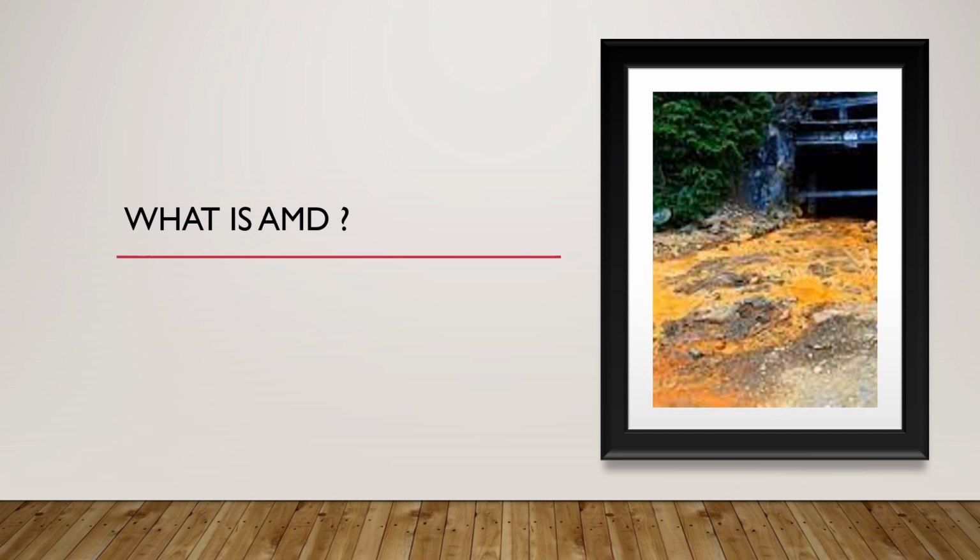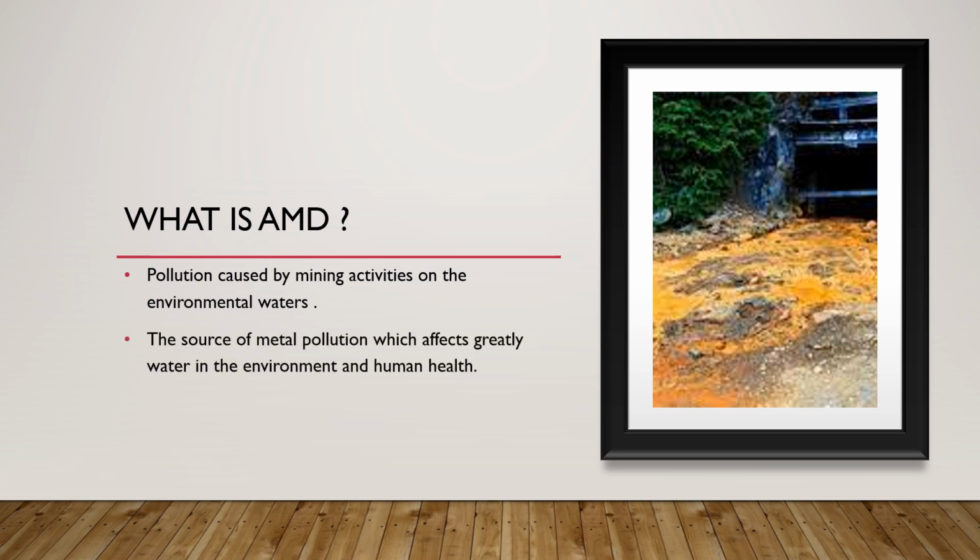From the picture, we see that there's pollution upon that water. But what is the source of this pollution? We also see that there's a mine shaft at the back, meaning that AMD is mainly caused by mining activities. And those mining activities end up dumping their waste upon environmental waters.